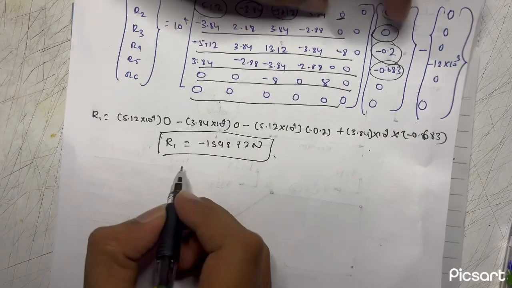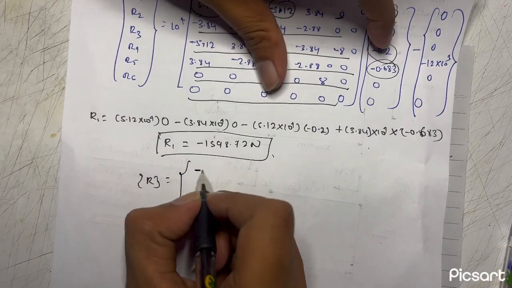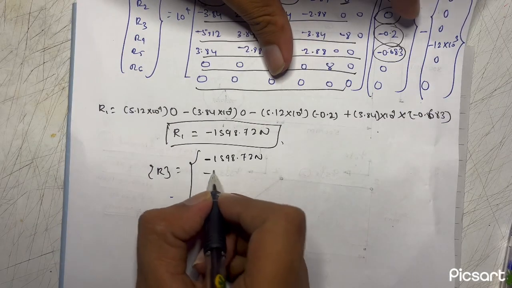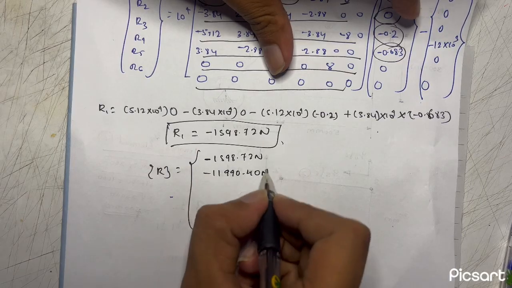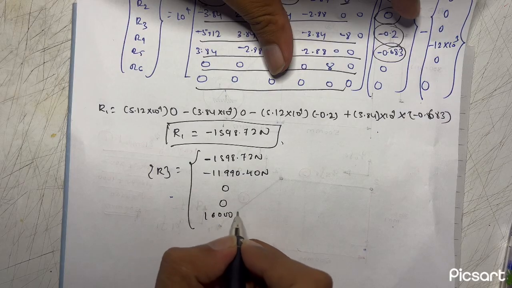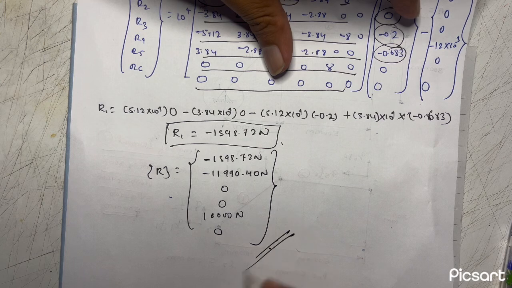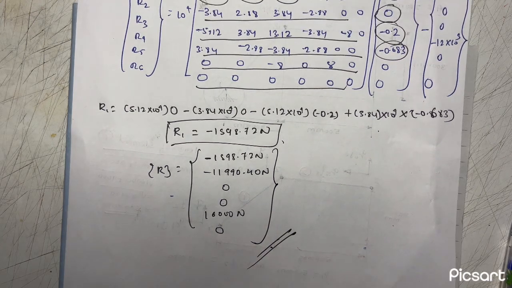So we'll get R as minus 1598.72 Newton, minus 11990.40 Newton, 0, 0, 1600 Newton, 0. Okay, this is the reaction at the support. This completes the problem. Thank you.